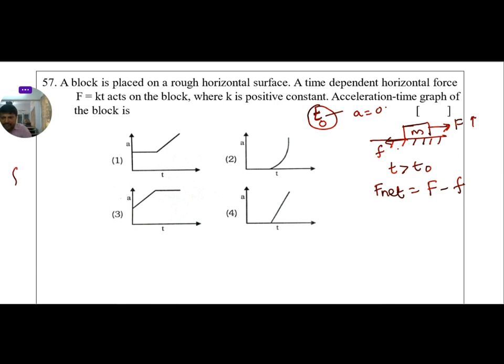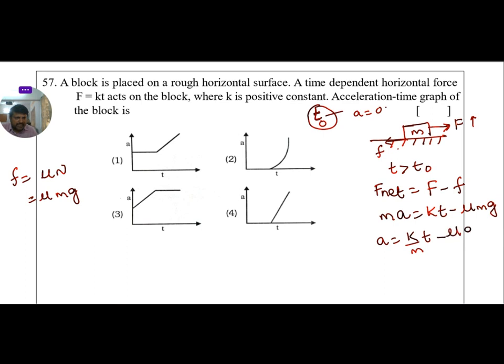Already we know very well friction equals mu N. Here in the place of N we can write mg. So in the place of F, that value is kt, minus in the place of friction mu mg, F net is equal to ma. From this a is equal to k by m into t minus mu g, that is mu g.